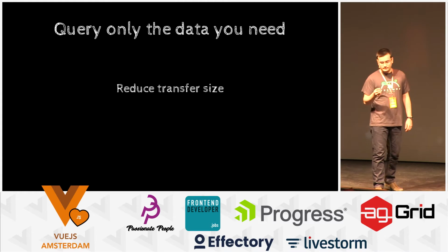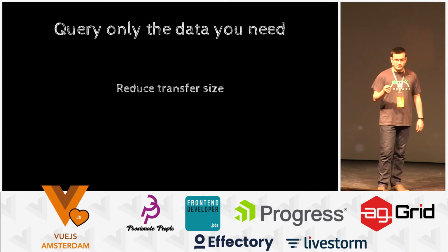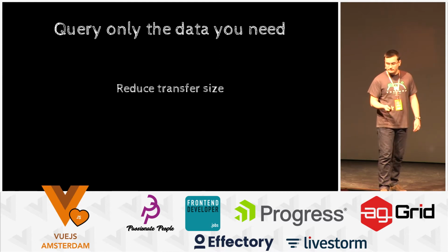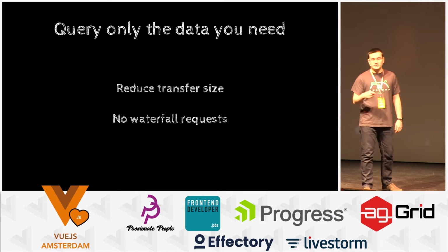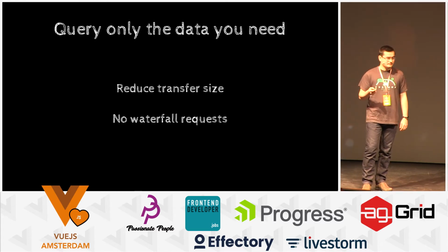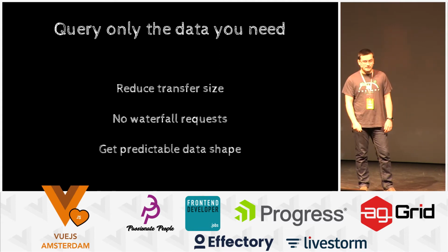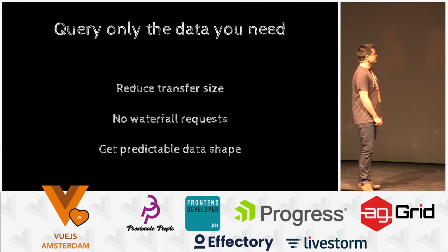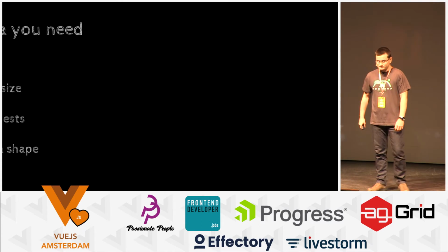It reduces the transfer size of your request because you only get what you asked for. It also allows you to make multiple requests in one shot and reduce waterfall, especially on mobile. And you know what you will get from a query. So it speeds up your development.